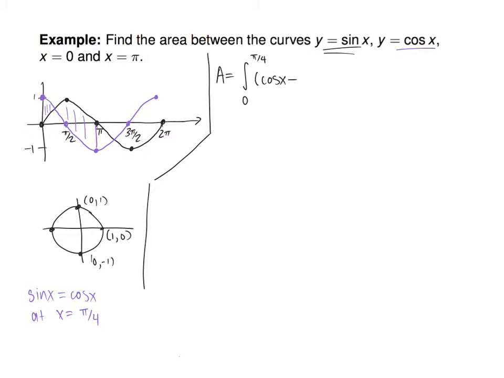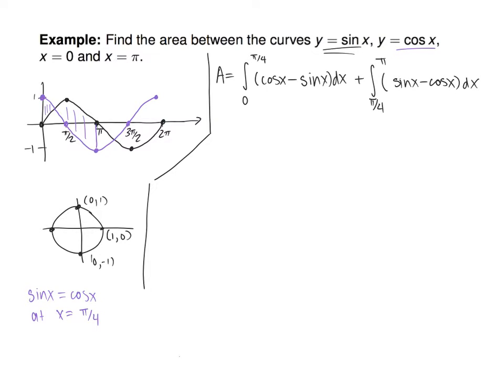And then what curve is below? Sine. Okay. Pi fourths to, what's the rightmost bound? Pi. And in that case, who's the greater curve? Sine, yep, minus cosine.